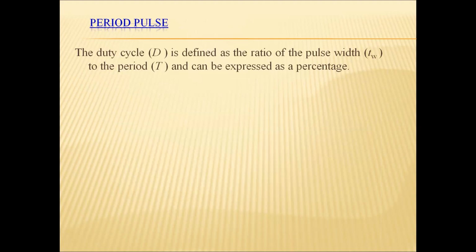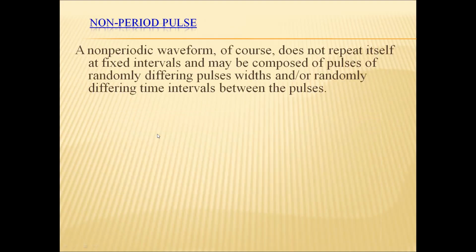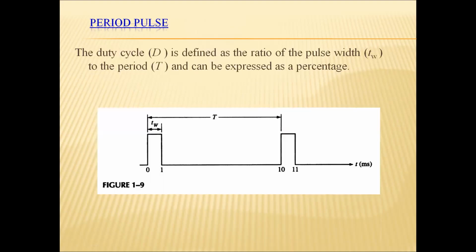The duty cycle is defined as the ratio of the pulse width tW to the period T and can be expressed as a percentage, as you can see here. So this is the width of the pulse, and the duty cycle is basically related to the pulse width and the time period capital T.